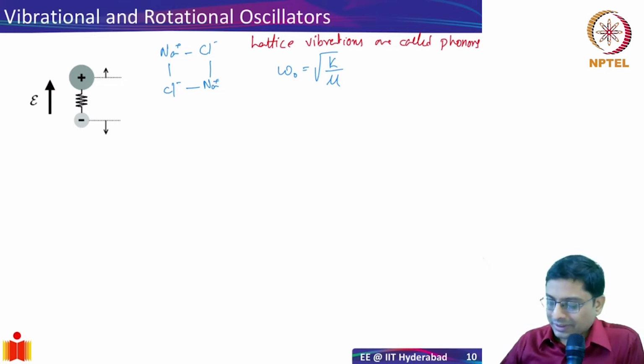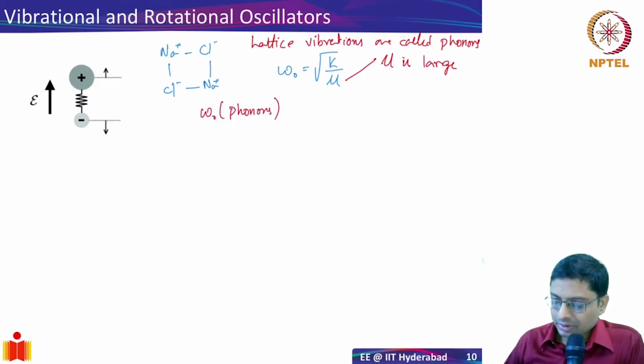If you put in the numbers, you will see that immediately. So if mu is large, it implies that omega naught of phonons is going to be less than omega naught of electrons.